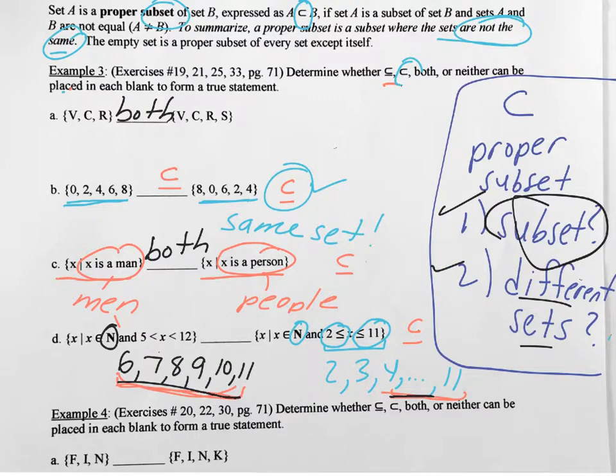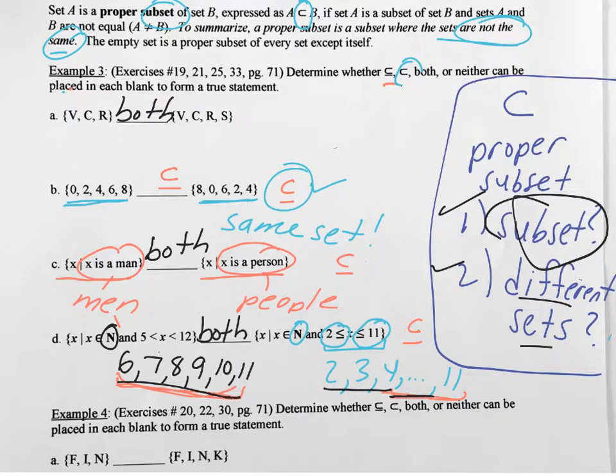Yes, it passes criteria 2. The set on the right has more elements. It has 2 through 5 in it, which the set on the left does not. So they're not the same exact set. Yay. So it's a subset where they're different sets, so it's also a proper subset. So D is both a subset and a proper subset.